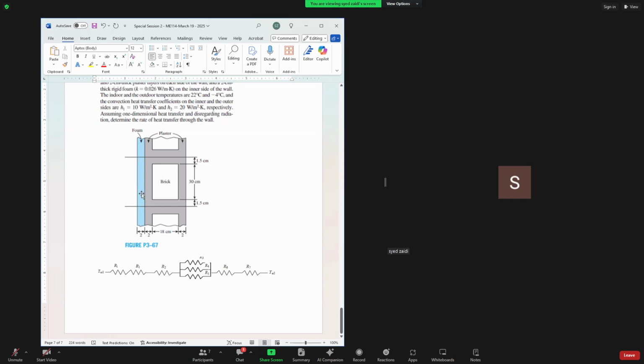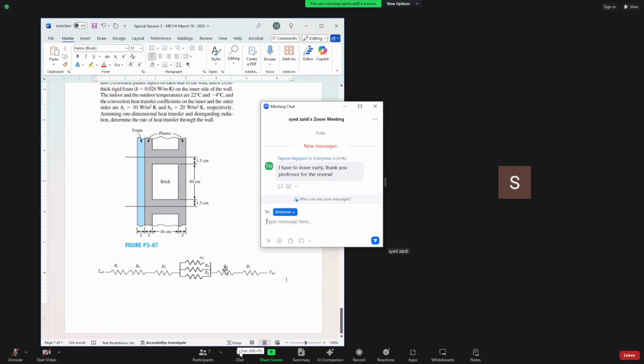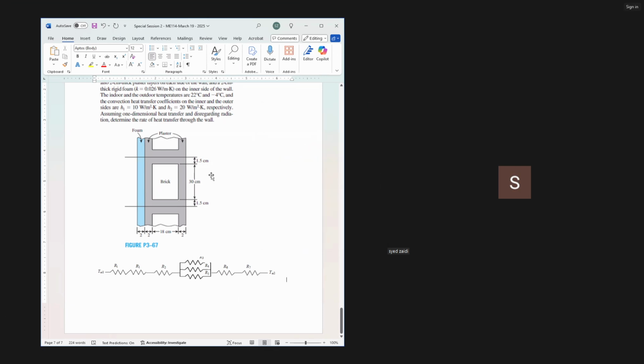Then you come into the blue foam, you get R1. Then you go to this thickness of 2 centimeter, and you get R2 there. Then you have three things: plaster, brick, plaster, so I will put here R3, R4, R5. Then the next one is again plaster of 2 centimeter, which is R6. And then you have R7, which is outside, and then you have T infinity 2.